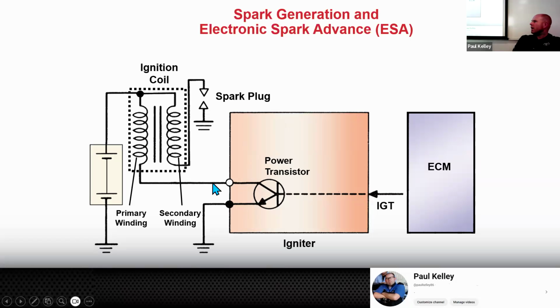Can you see how that would give ground? Trace it. Gives it ground. When it stops giving 12 volts, you know what it'll do? It'll open it, and that'll start the spark. It'll collapse, go into the secondary, and fire the spark plug. Boom, the spark plug's here. Sorry, I went the wrong way. But it's not really that complex.